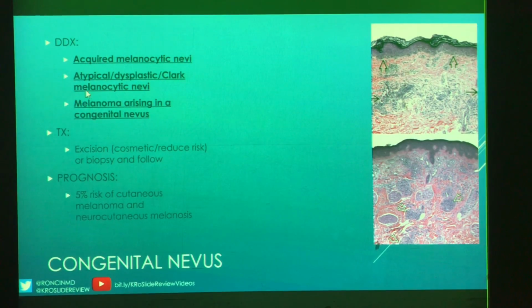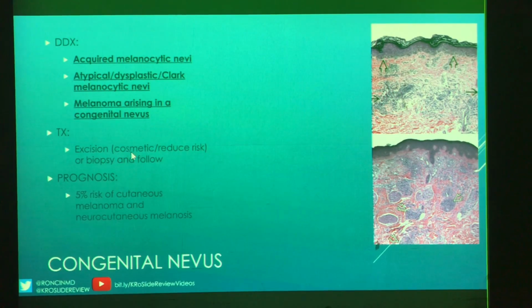You want to think about atypical nevi, dysplastic nevi, as well as melanoma. These things would have relatively prominent atypia or just really bizarre atypia, and the history is what helps you, along with that deep dermal involvement of the adnexal structures for congenital versus acquired.